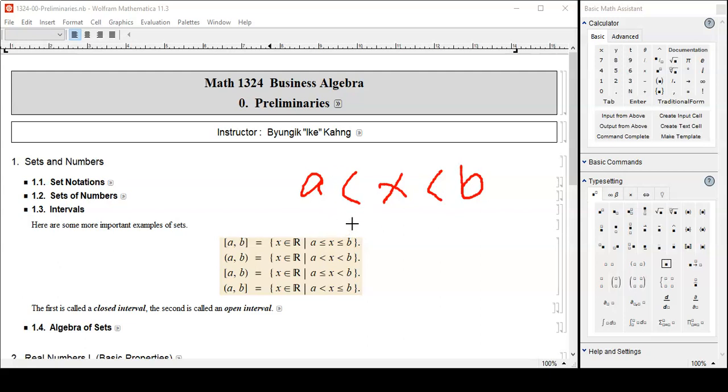But this one, my bad handwriting using this mouse pad, as a matter of fact, did a good job. This looks very much like a parenthesis, doesn't it? So that you can easily associate parentheses corresponding to strict inequality, and by default, the bracket is semi-inequality. That's a good way to remember all these things.